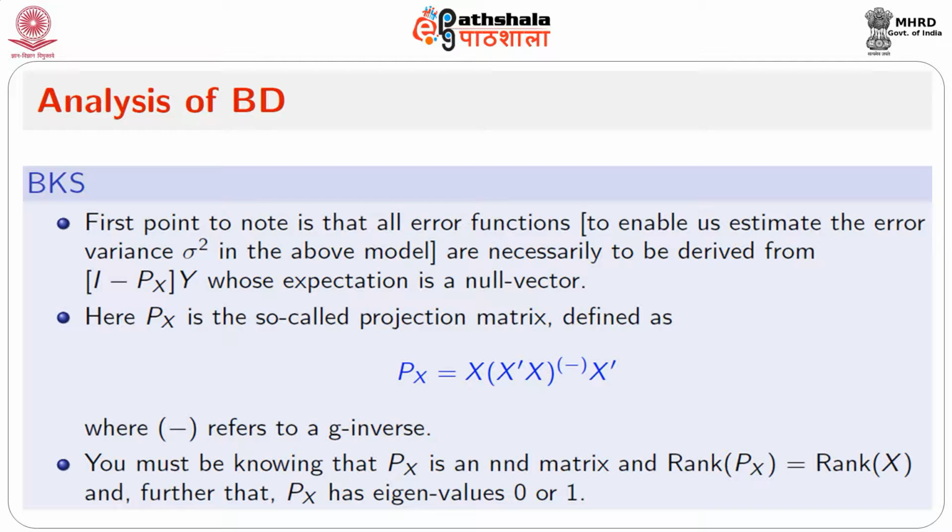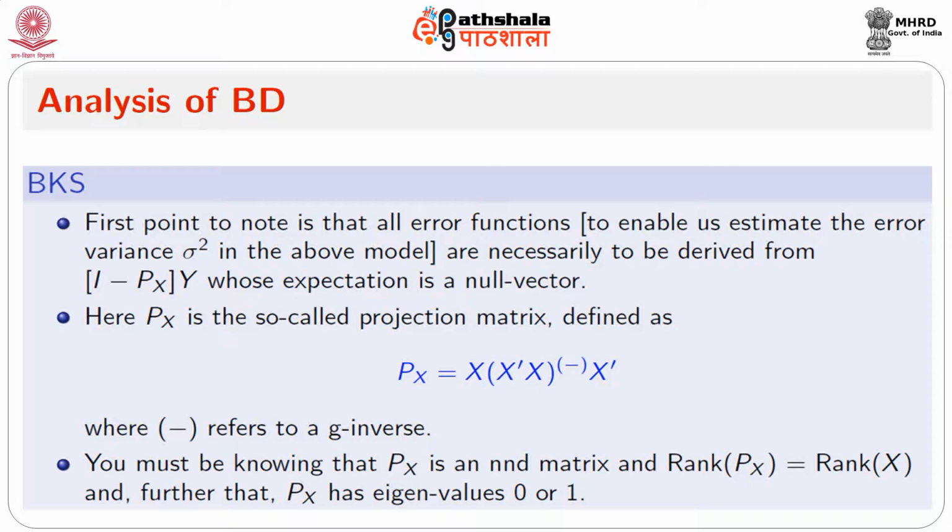It is defined as P_x equal to X (X prime X) minus, that is the generalized inverse, times X transpose. And it is a routine exercise to work out the expected value of (I minus P_x) y given the model, to show that this is nothing but a null vector. Therefore, (I minus P_x) y has zero expectation, and that is the only source of getting estimates of the error variance sigma square.